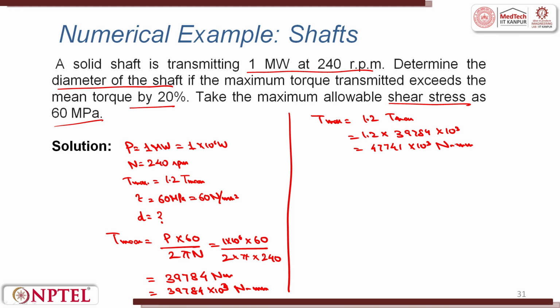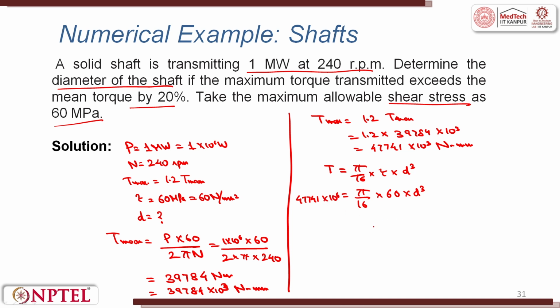So, also we know maximum torque is there for the design. So, maximum torque is now here T is equal to pi by 16 into tau into d cube, which is equal to pi by 16 into value of tau is 60 and d I have to find, value of T is given, which is 47741 into 10 raised to power 3.